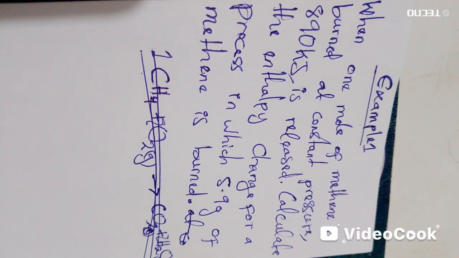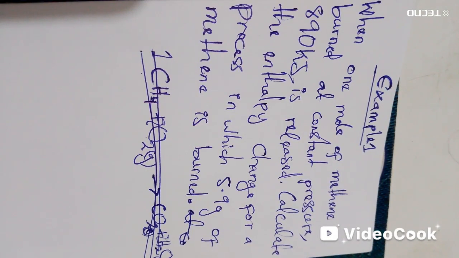We're given this example: when 1 mole of methane is burnt at constant pressure, 890 kilojoules is released. Calculate the enthalpy change for a process in which 5.9 grams of methane is burnt.